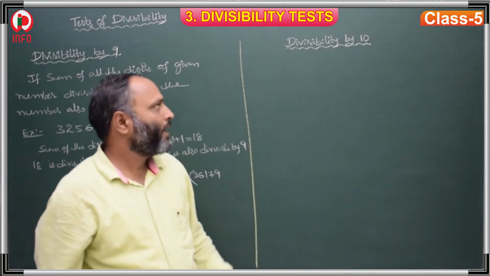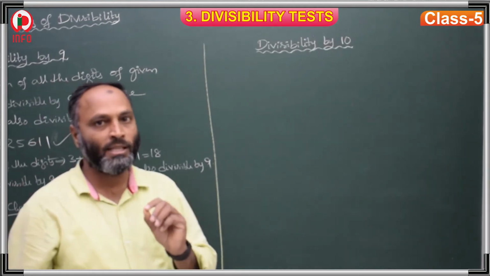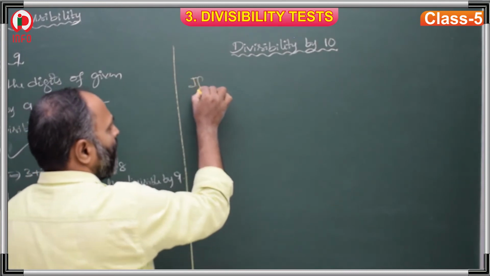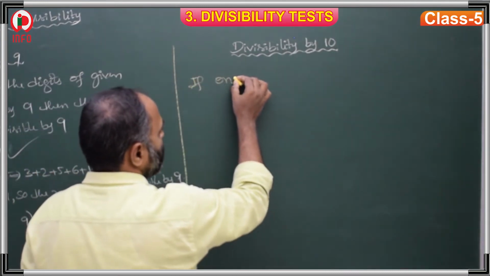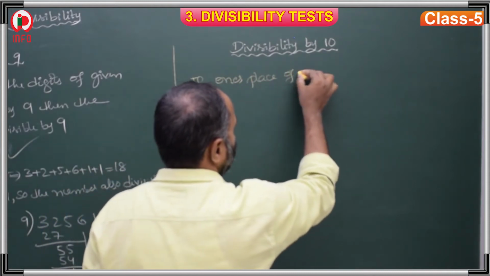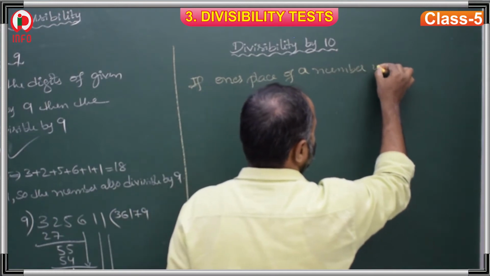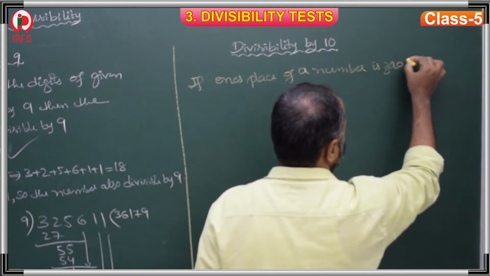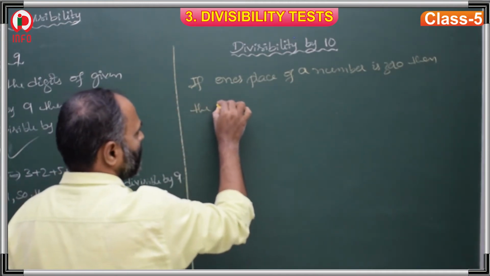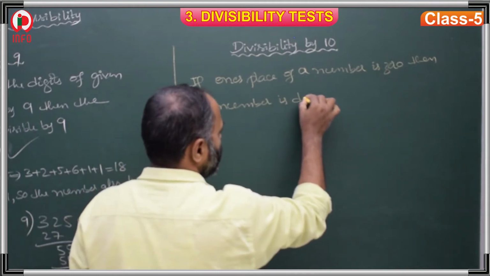So in divisibility, if the last digit, the ones digit, is 0, then the number is divisible by 10. Here, if the ones place of a number is 0, then the number is divisible by 10.